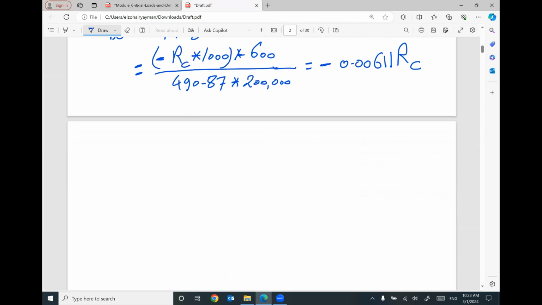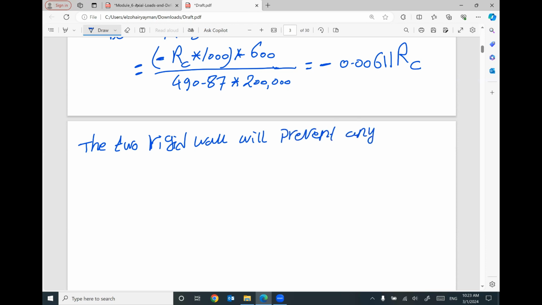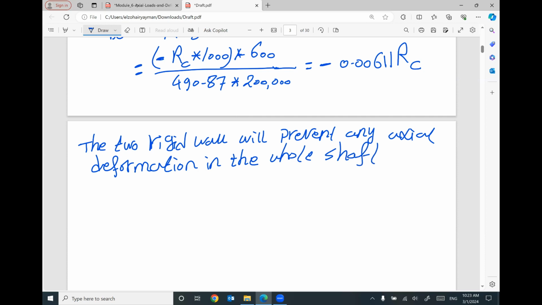So I can say the two rigid walls will prevent any axial deformation in the whole shaft. No way for any axial deformation.